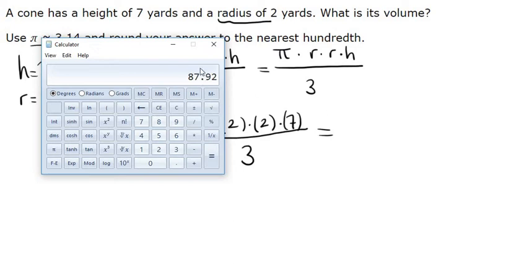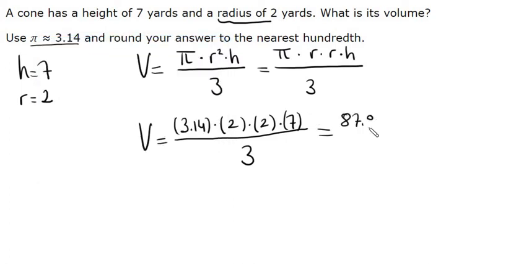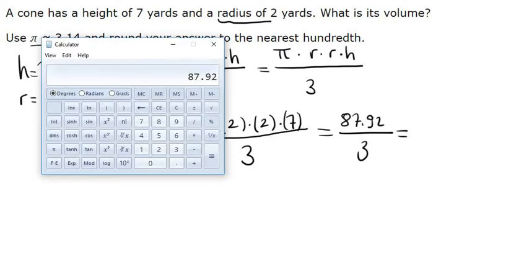And then if we just divide this by 3, 87.92 divided by 3 is going to give us the answer. That's going to be 29.306, and it keeps going on forever.